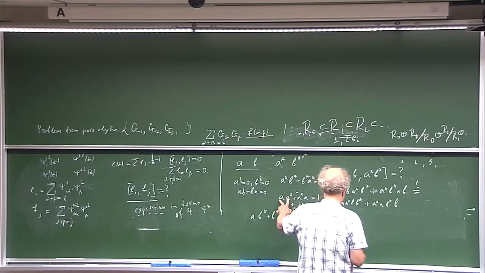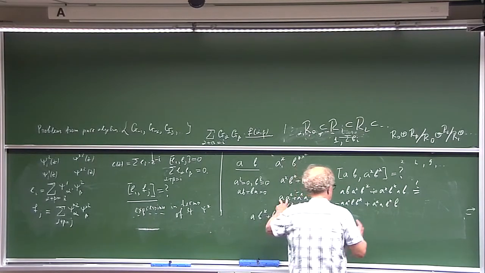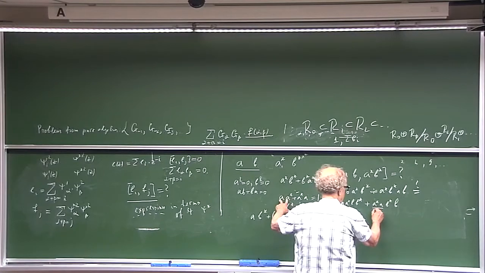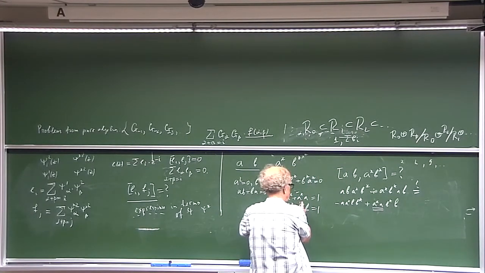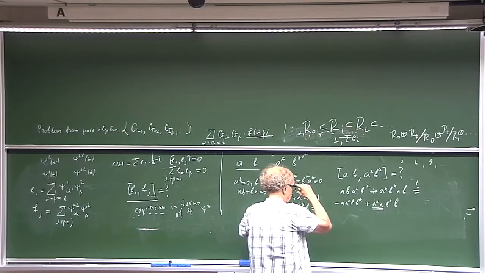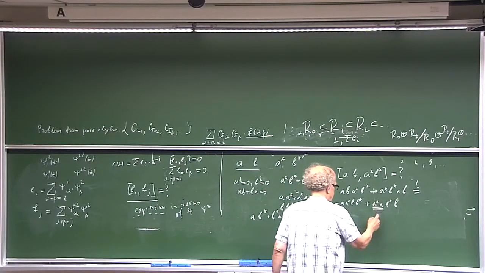Using this relation, no, because this is almost this up to 1. So it means that this thing is what?